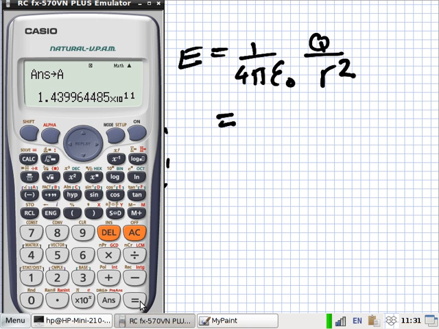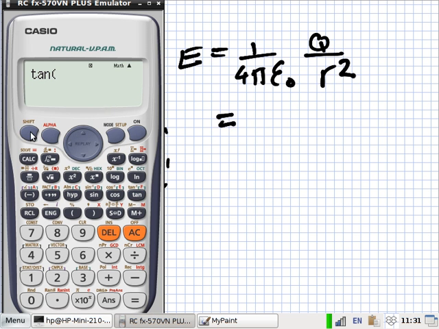Guys, did I show you how to store answers on your calculator? No, I better show you that because it could be useful for you. Suppose you get an answer on your calculator and you want to save it somewhere so you don't have to type it all in again. These letters here, I think most people have it. You see A, B, C, D, E, F? You can use those letters to hold values.